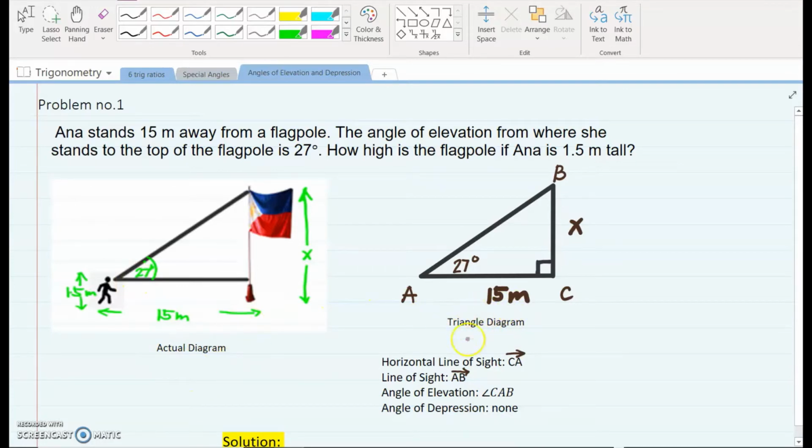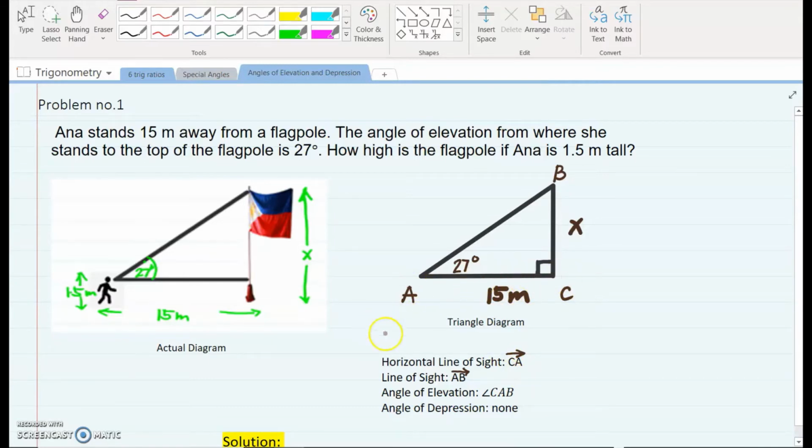Then you can convert it into a triangle diagram, or the right triangle diagram, in order to visualize the problem very easily. So let's say you have triangle ABC with right angle at angle C. The horizontal line of sight here will be ray CA.